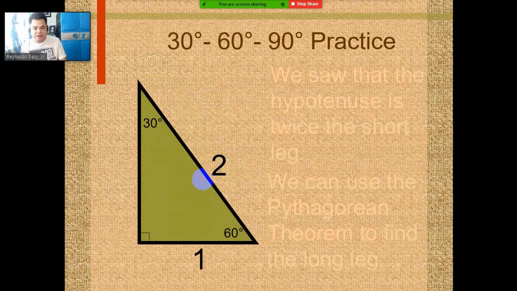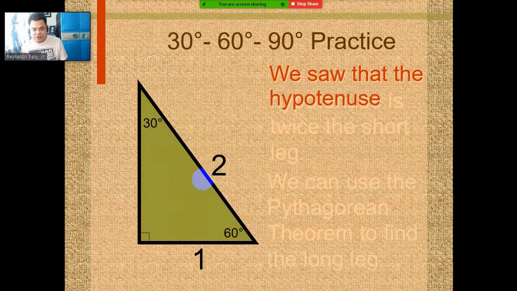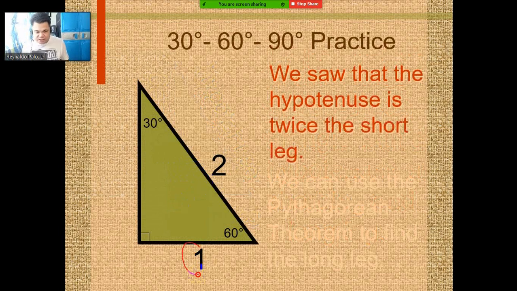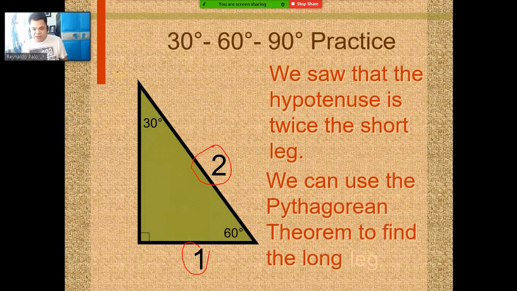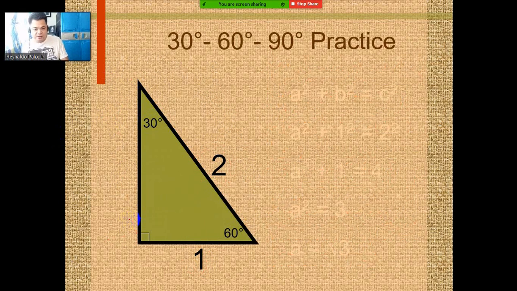Take note of that. We saw that the hypotenuse is twice the short leg, so 1 times 2 is 2. So we can now use the Pythagorean Theorem to solve for the long leg. a squared plus b squared is equal to c squared. That's the Pythagorean Theorem.